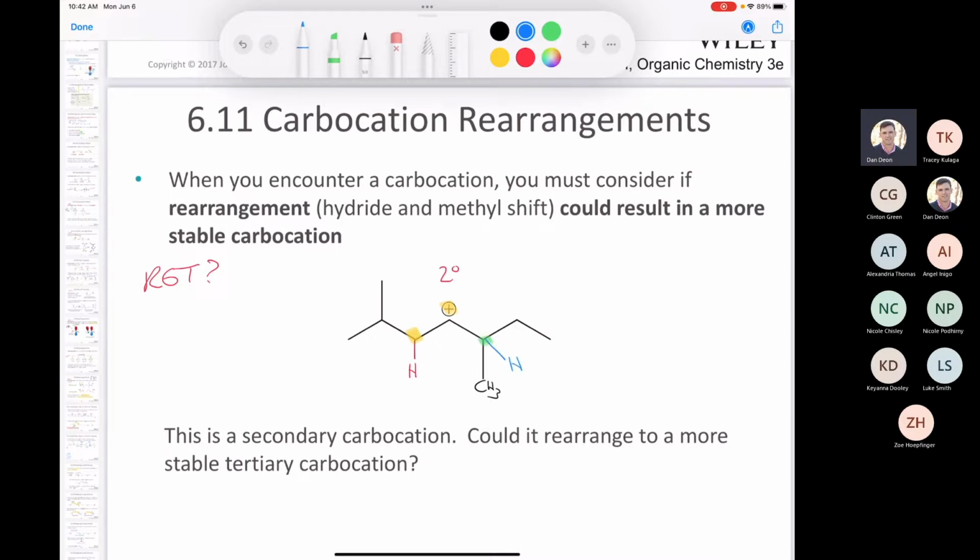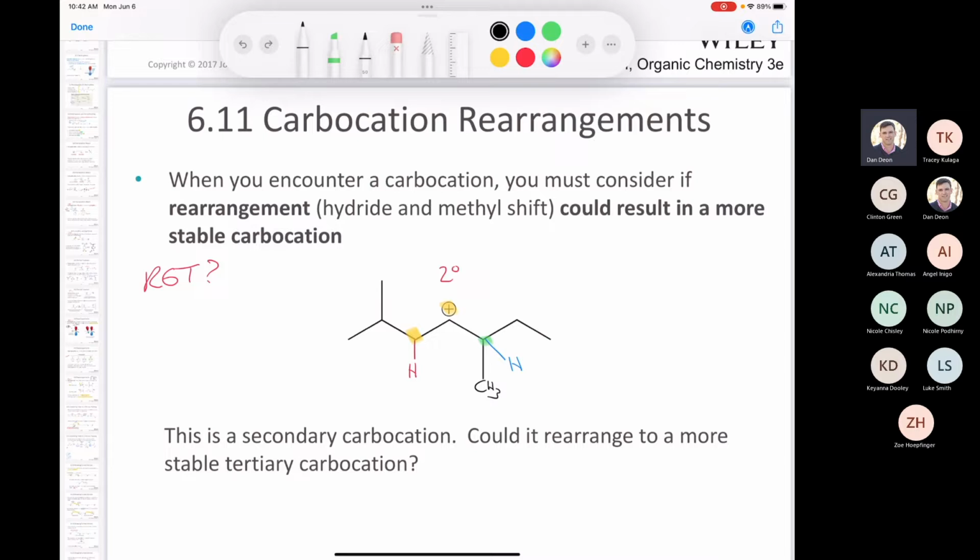And you have to weigh in your mind, would this shift and maybe give me something more stable? Or would this shift? Maybe one of them will. We haven't answered that question yet, but you have to be able to weigh out all of those in your mind. Let me show you one really quickly.